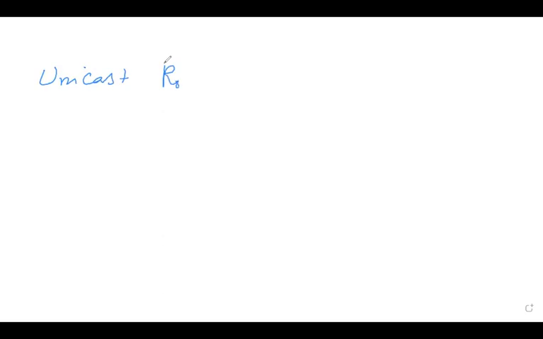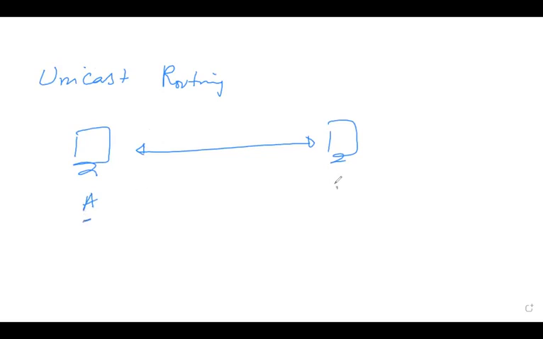So in unicast routing, you can see that we have a single node, and that is communicating with the other node. This is node A, and here is node B, and they can communicate with one another.